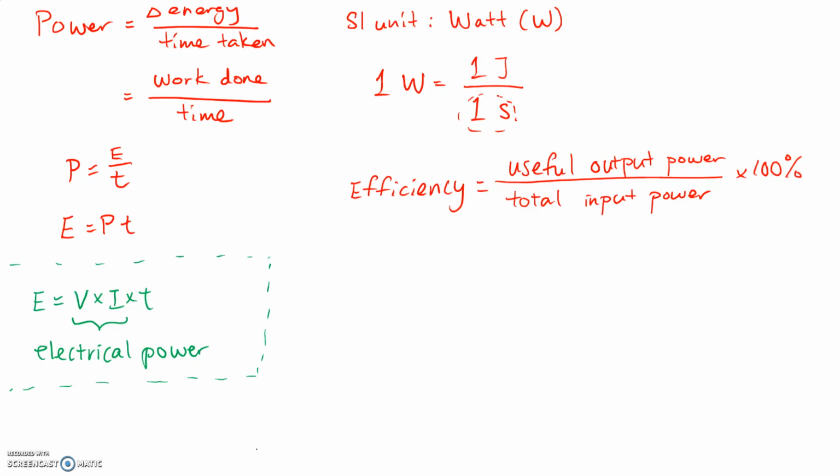Okay, so this equation will then be useful if you ask about how effective or how efficient a machine is. Okay, assuming let's say you give a machine 100 joules of energy, how much work can it do? The work that it can do is actually known as your output power, dependent on the time, of course. So your useful output power over your total input power will then give you the efficiency of a machine or an object doing work.